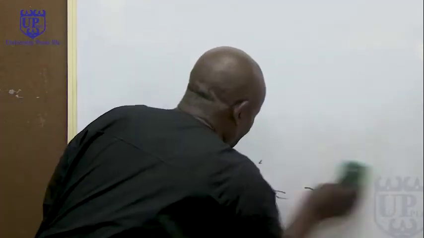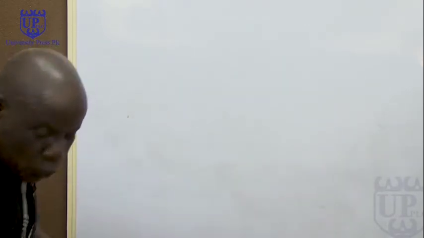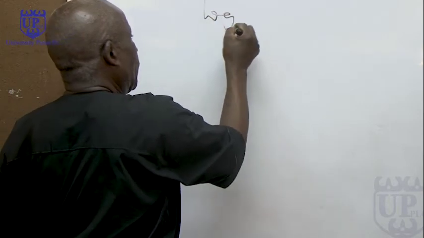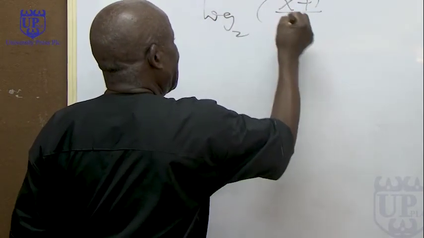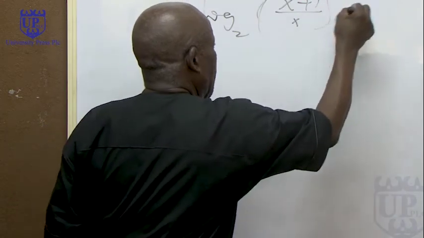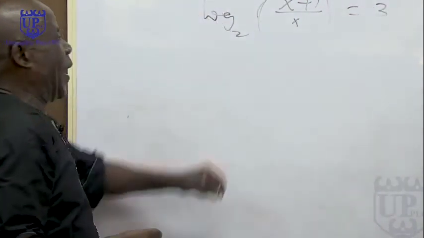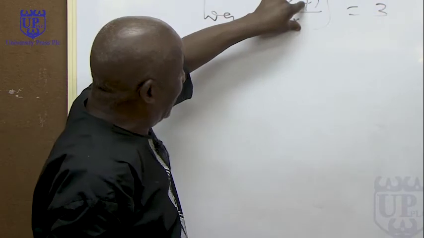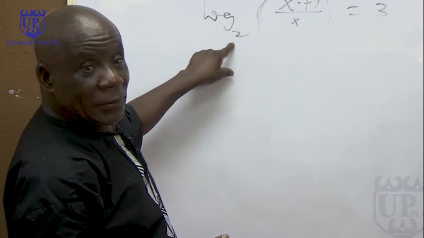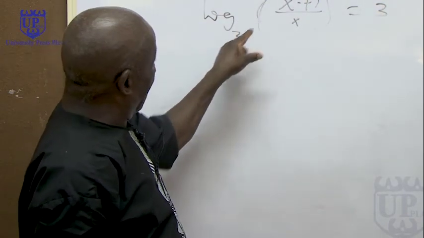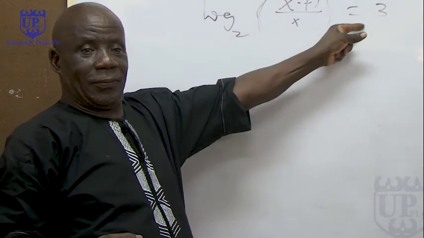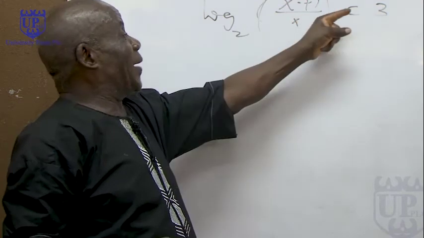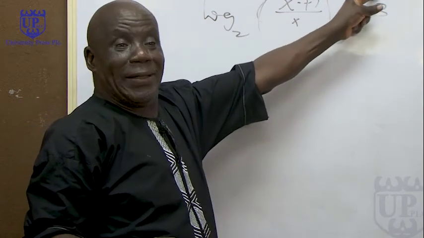If you look at that expression, log to base 2 of x plus 1 all over x equals 3. By definition, logarithm of this is the power to which the base is raised. So x plus 1 over x is 2 raised to power 3. Don't say you have to find log of 3.